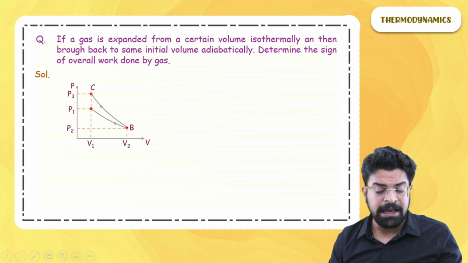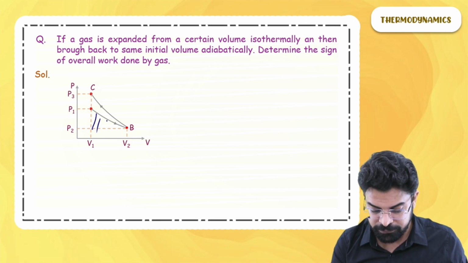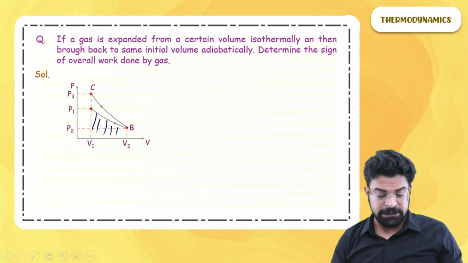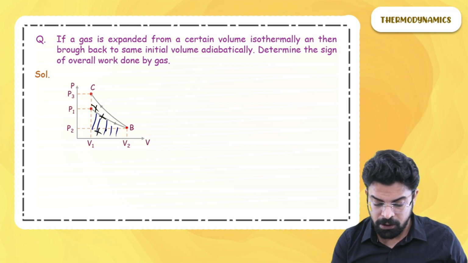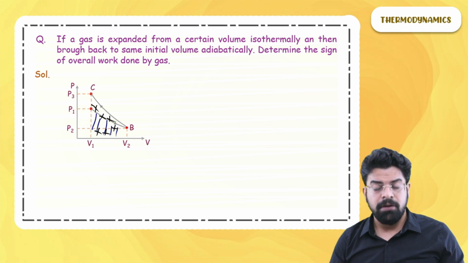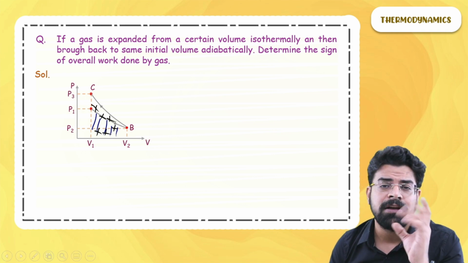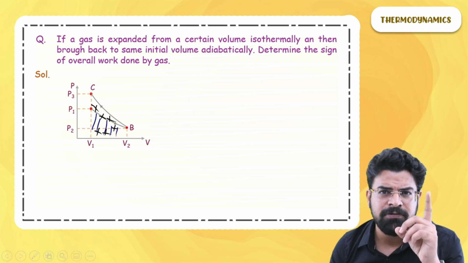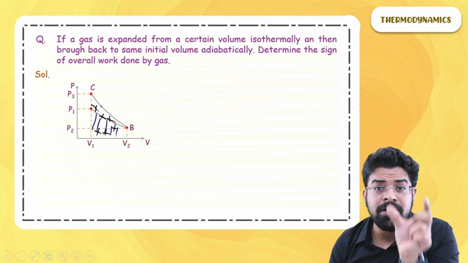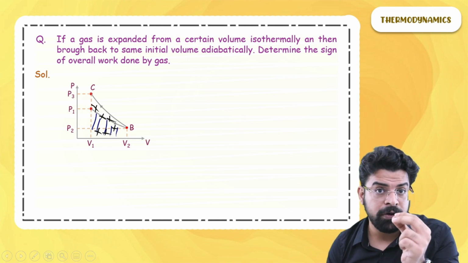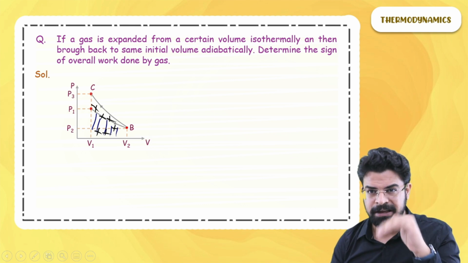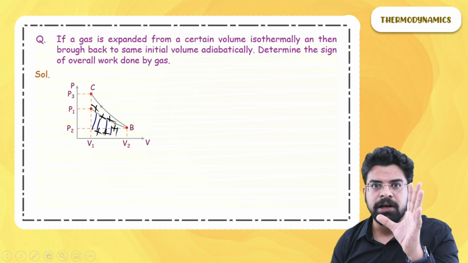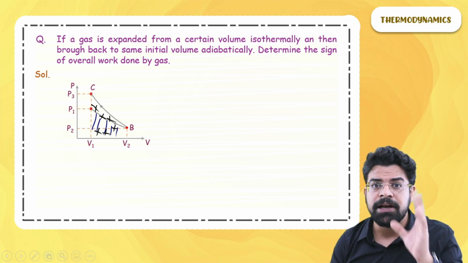So when the gas expands, you get some positive work. When the gas compresses, you get some negative work. Now, the question is, which one has got greater magnitude? The negative work has got more area under the curve, so it will have more magnitude. Hence, the net work done will be positive but less positive, and negative more negative, so the overall work done will have negative sign.